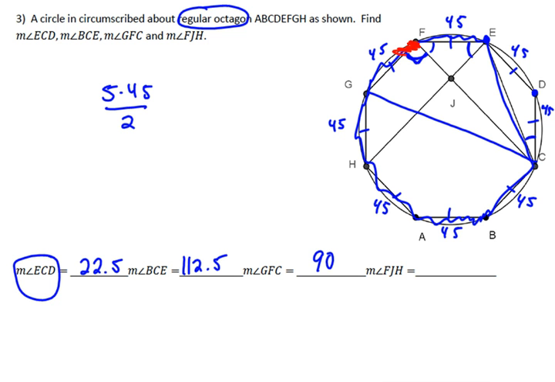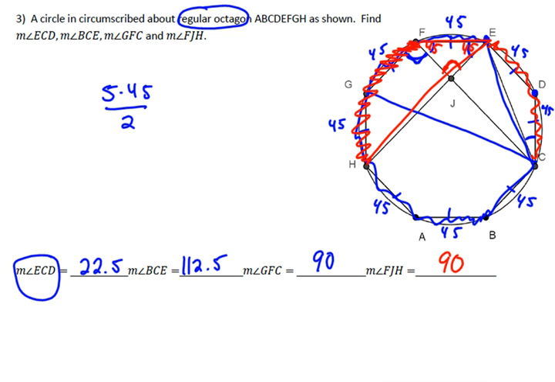So the angle E there intercepts this arc, right? Well, that arc is 90 degrees, so this is a 45-degree angle. And then angle EFC intercepts the same arc. So this is 45, which means this angle inside is just 90 degrees, because you've got two 45-degree angles. The other angle in the triangle has to be 90 degrees. So that angle is also 90 degrees.